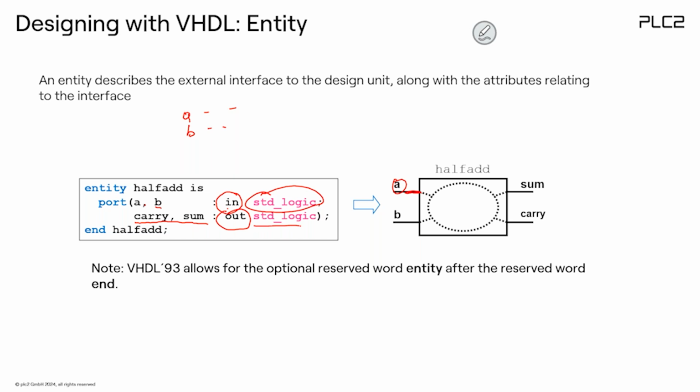So now we define a half-adder, which is basically this module. A and B are inputs, sum and carry are outputs, that's it. There is no information about what is internal, because that would be the architecture part. This is just the definition of how the model looks like.